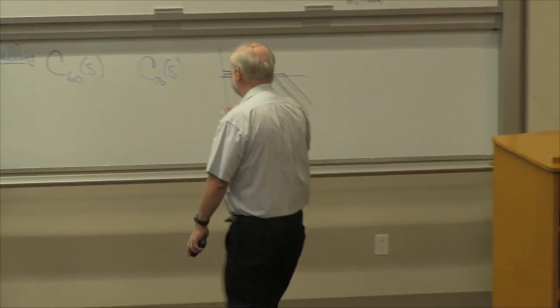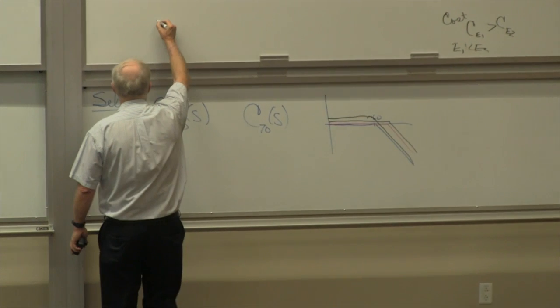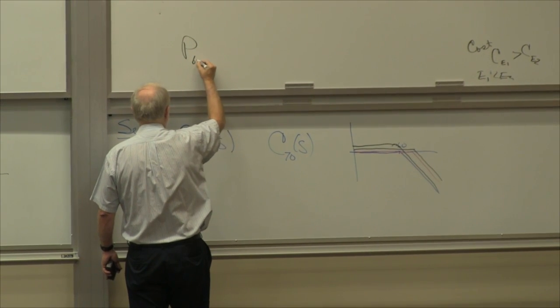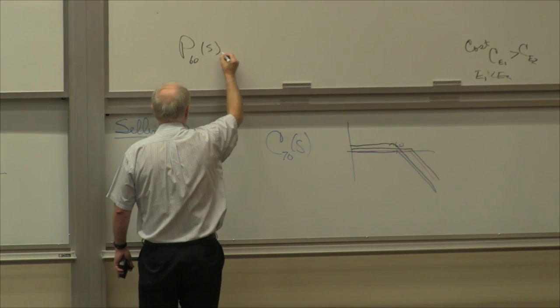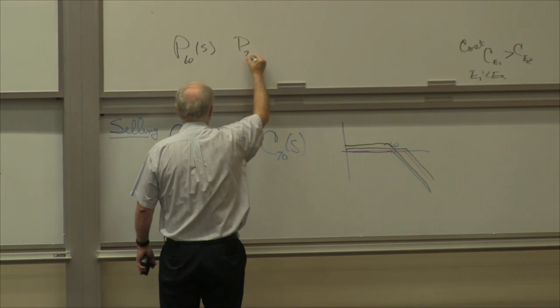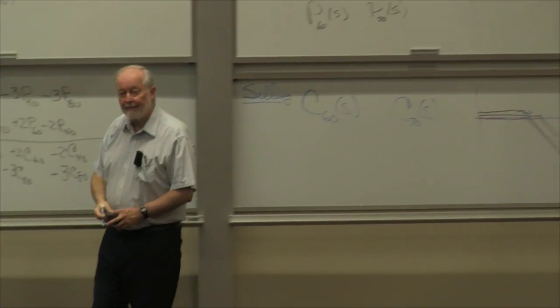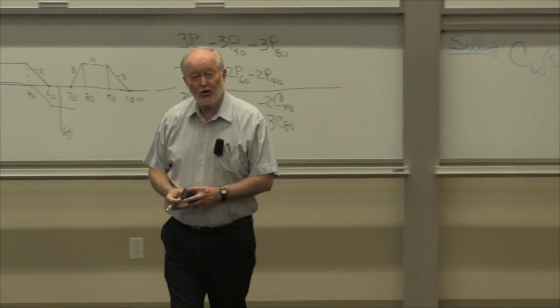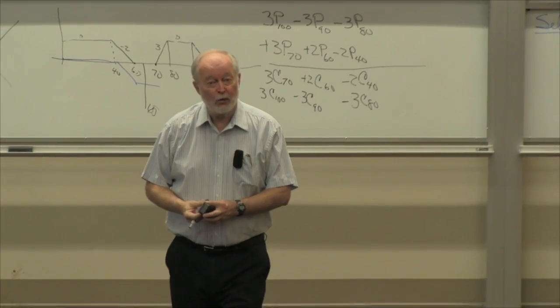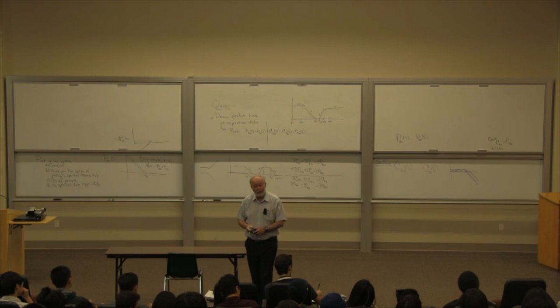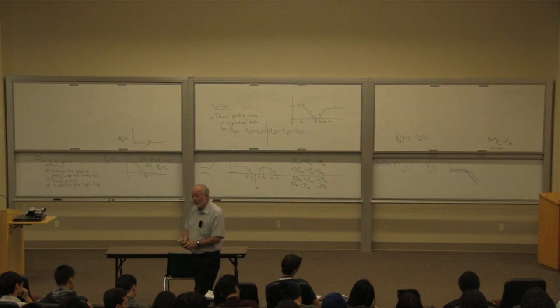What about puts? Suppose I have a put. Which one's going to cost more? 70 is going to cost more because you're going to start losing money quicker. And so you have the intuition on how to handle it.